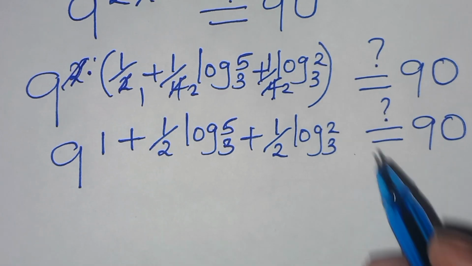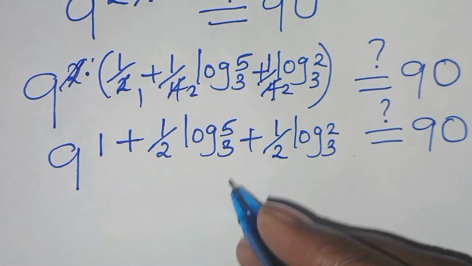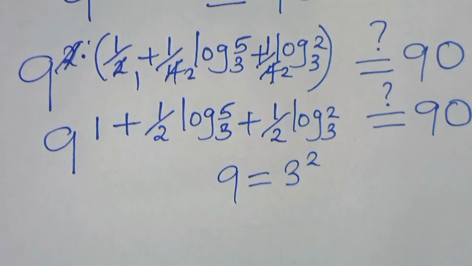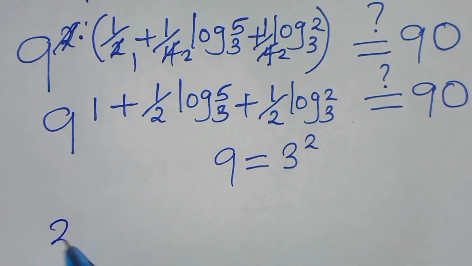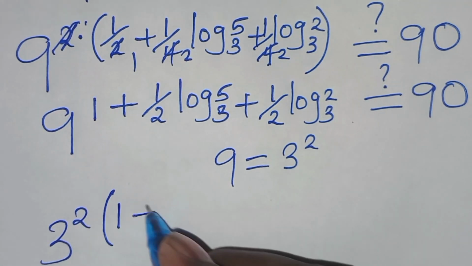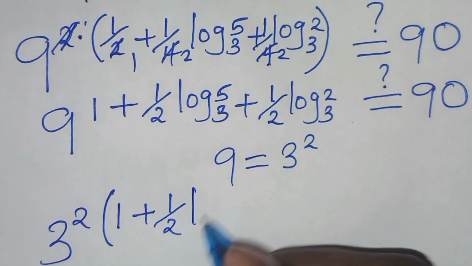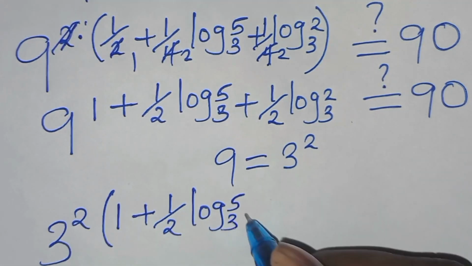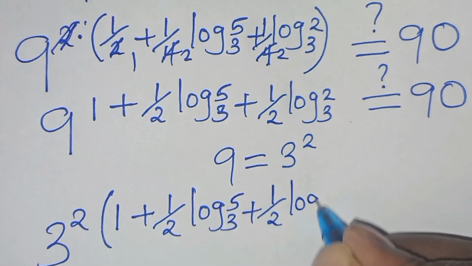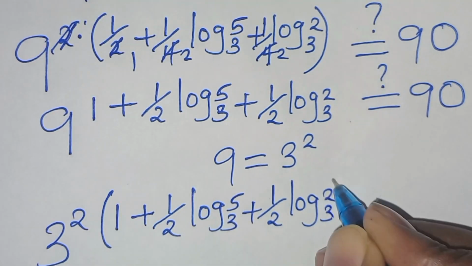Now, we can express 9 as 3 to the power 2. Therefore, we have 3 to the power 2 times 1 plus a half log 5 to base 3, plus a half log 2 to base 3.